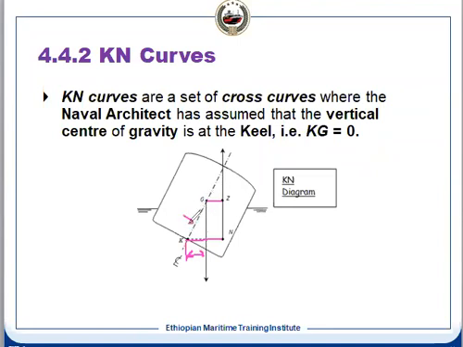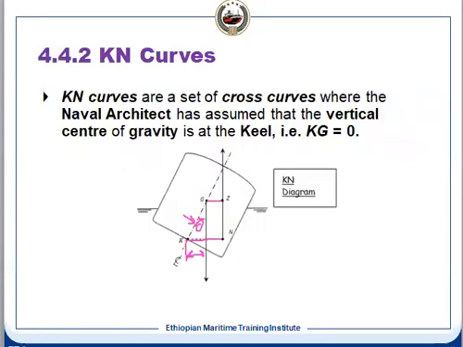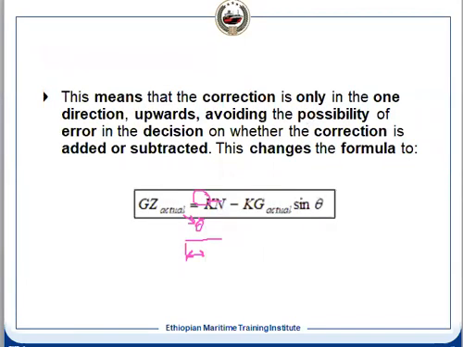This is KG and this is theta. So KG sine theta will be deducted from KN. So KN, which we got from the curve, minus KG sine theta. This is the calculation we made, and here this G is actual. To simplify it, it has been made by the naval architects this way.